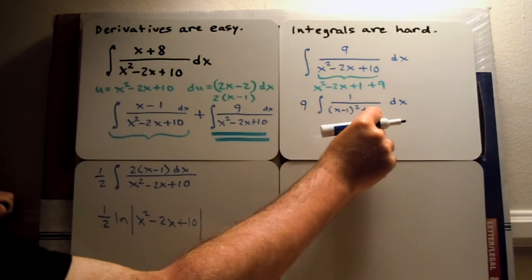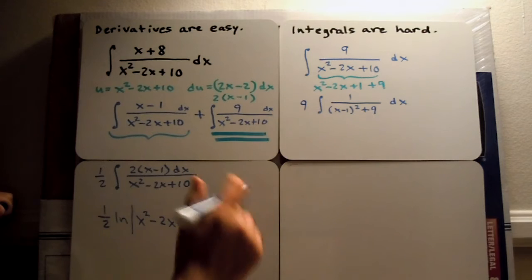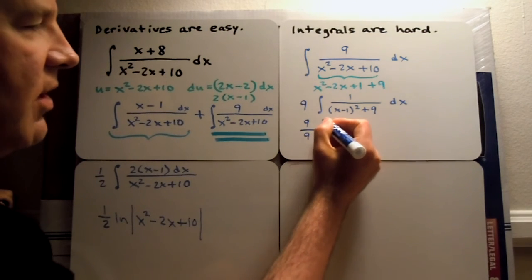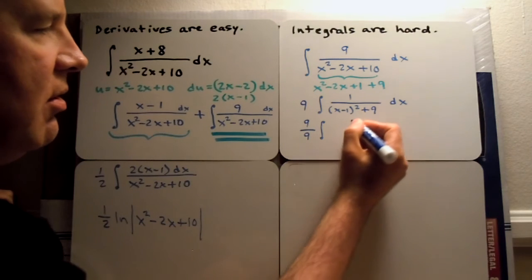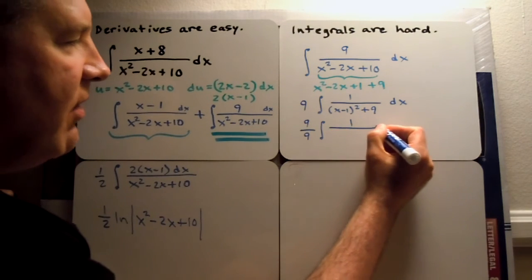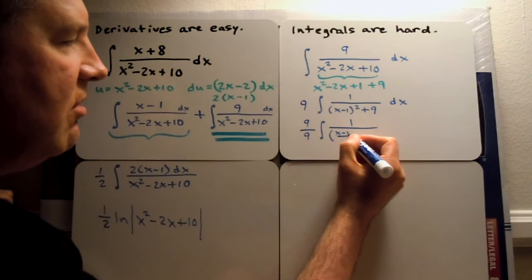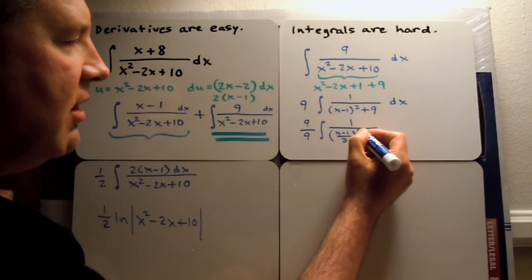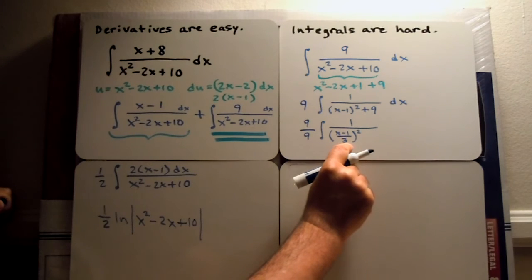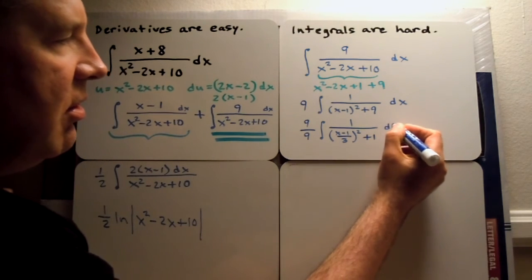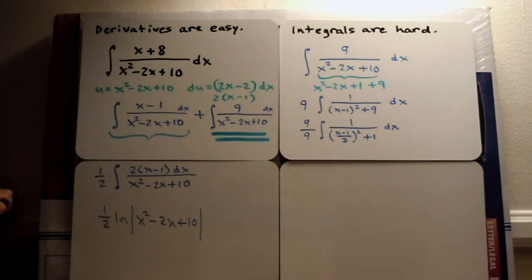Now if we go ahead and factor out the 9 from the bottom, we're going to have 9 over 9, which will be 1. And we have 1, and we're dividing everything on the bottom by 9. So I'm going to write that as x minus 1 over 3, because divided by 9, that's actually 3 squared, plus 1 dx. So it looks like we have the possibility of the arctangent form.